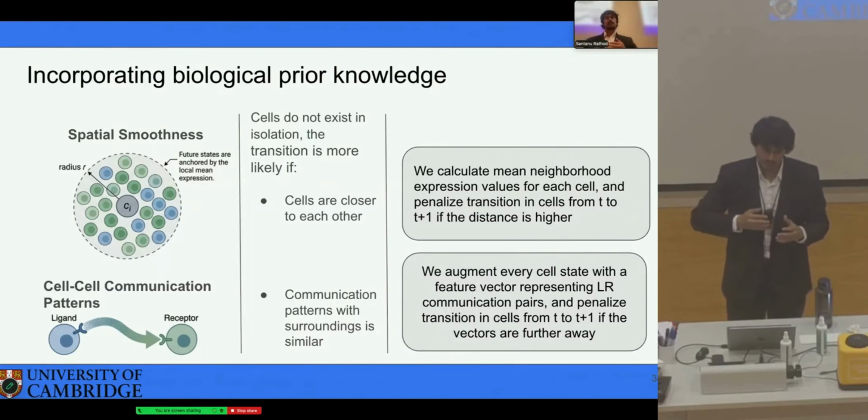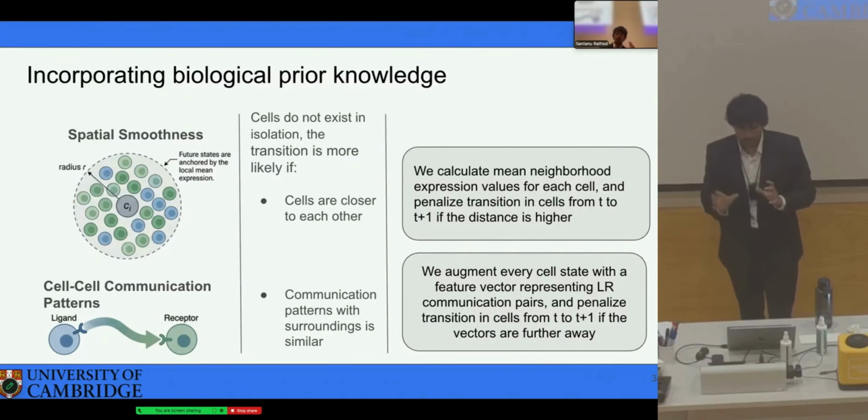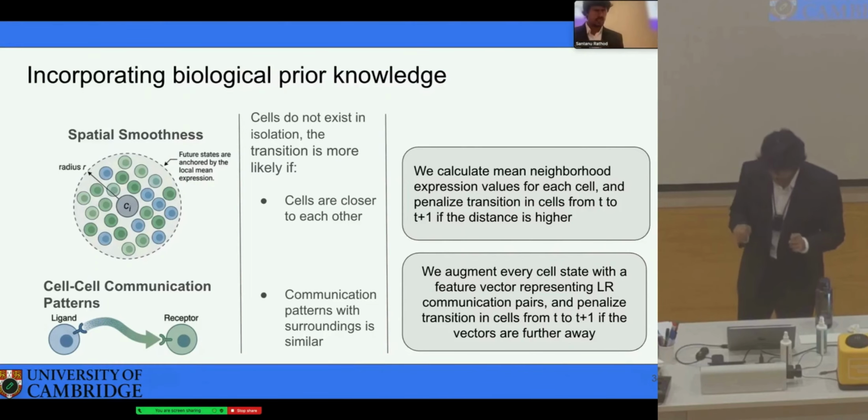That's why it sends the corresponding ligand further away in the neighborhood to get what it needs at that point in time. And these communication patterns you can characterize using ligand receptor interactions.